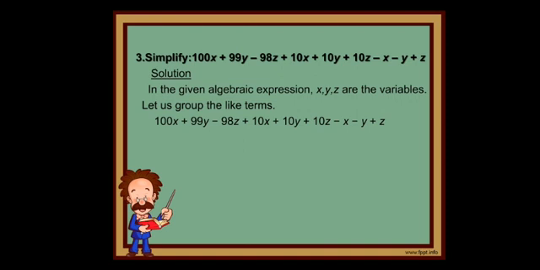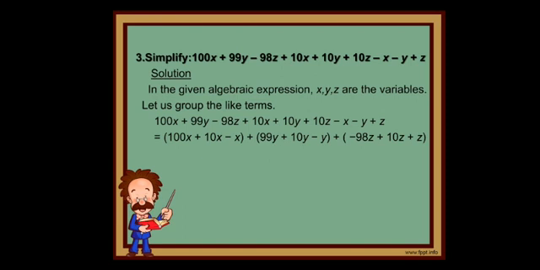So 100x plus 99y minus 98z plus 10x plus 10y plus 10z minus x minus y plus z will be equal to, first we write the terms involving x: 100x plus 10x minus x. Then group the terms involving y: 99y plus 10y minus y, then the terms involving z.